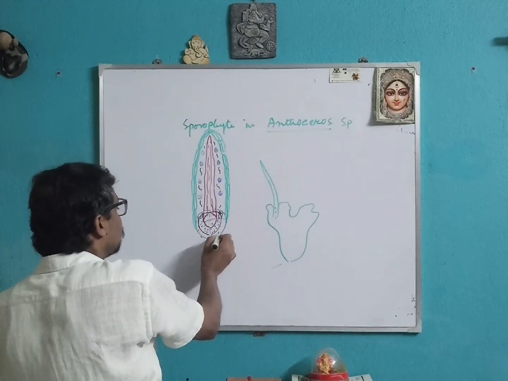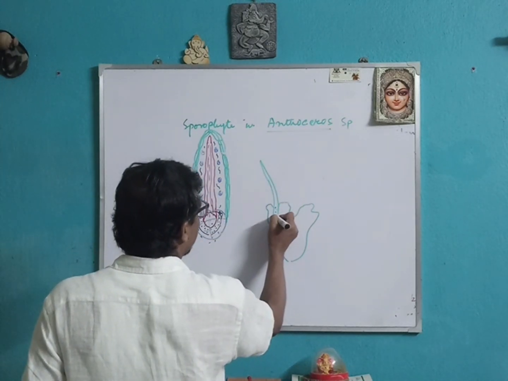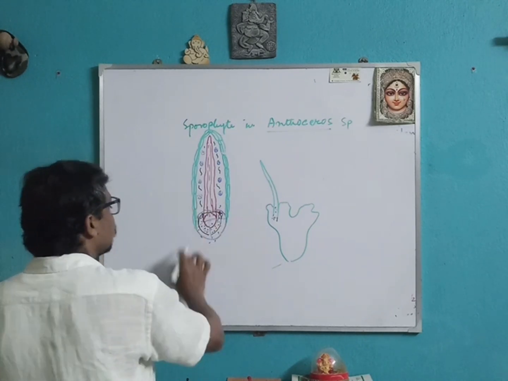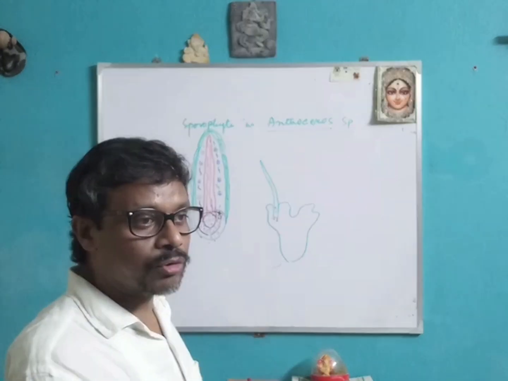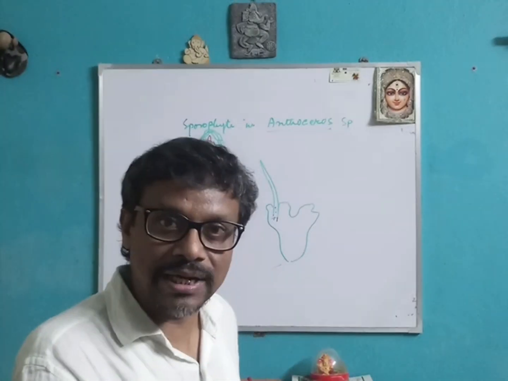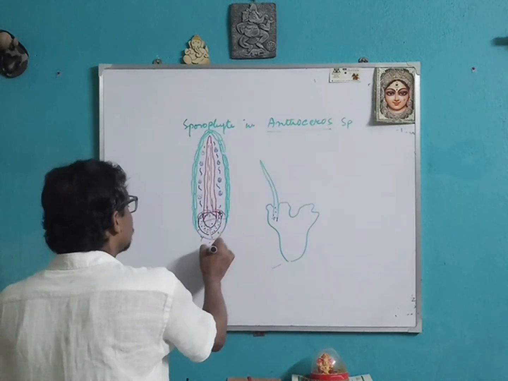At the base of the capsule, this is the capsule portion, there is a foot. While the zygote was in the 8-cell condition, the basal 4 cells gave rise to the foot.